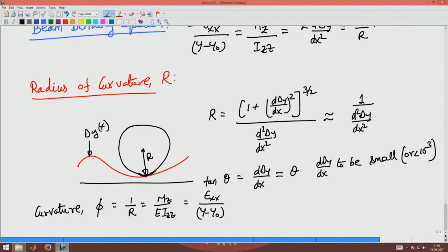That is, if you measure the actual strain at a particular location and divide it by the distance from the neutral axis, that will give you a measure of curvature.